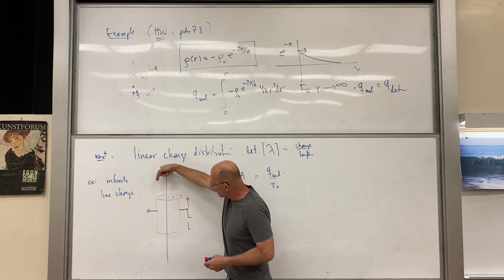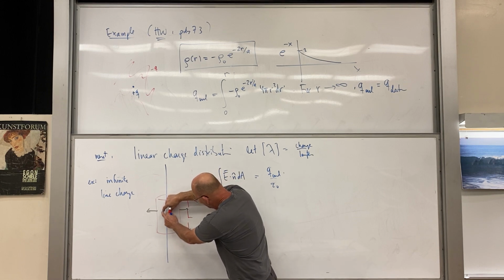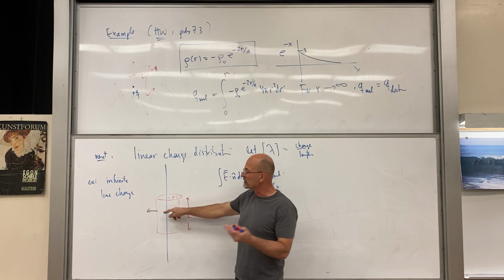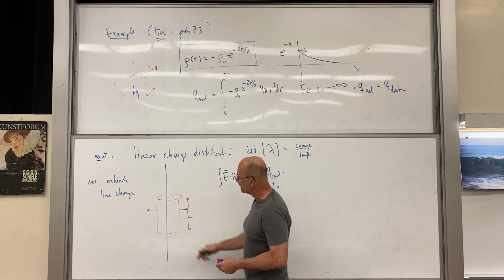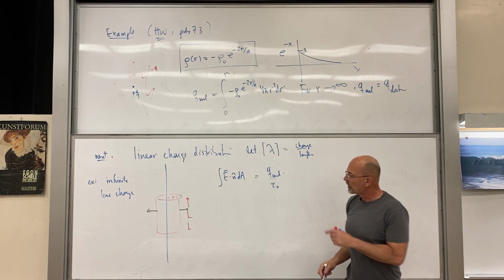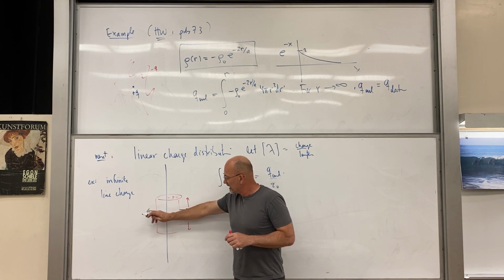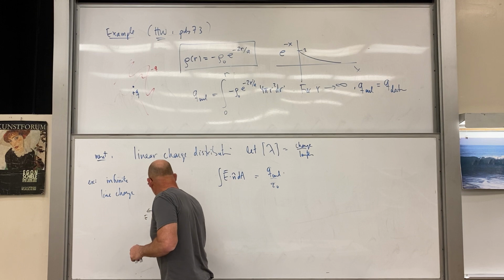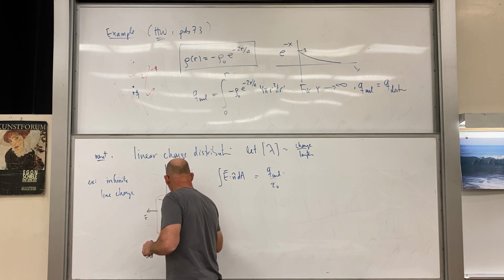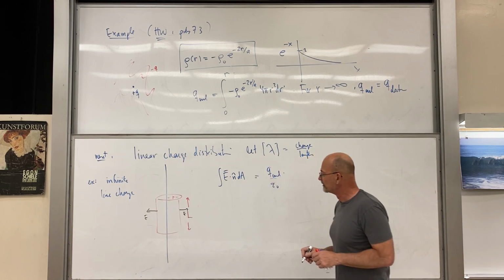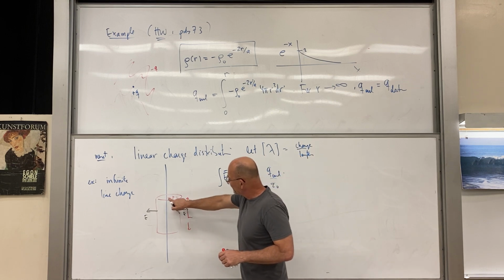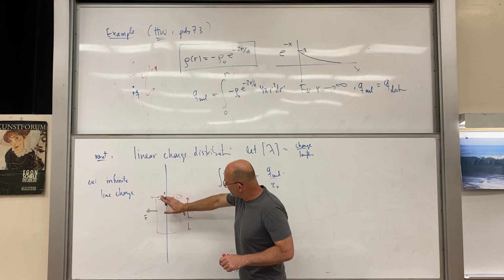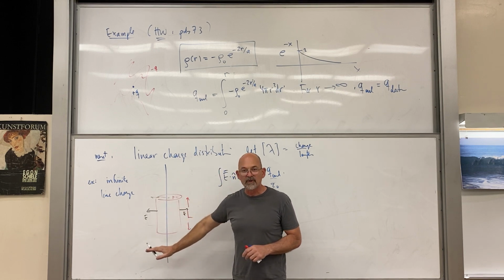So any parallel components are symmetrically canceled, and you just take that as your origin for the moment. They're all canceled as you go out to infinity. So all that's left is a field vector that points away from the line charge perpendicular. Okay. And that means that there is no flux through the top or bottom of the cylinder.